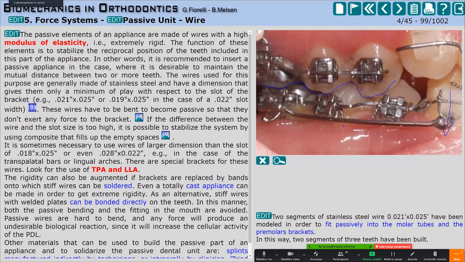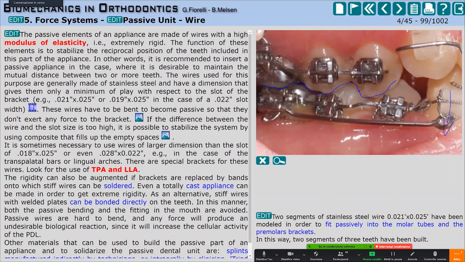But what is important for me at this stage of the treatment is that if I have this occlusion, and definitely it can hardly be better than this, I don't know how many cases you finish with this nice intercuspation. So if I have this condition at the beginning of the treatment, it's very important that I keep it the whole treatment.